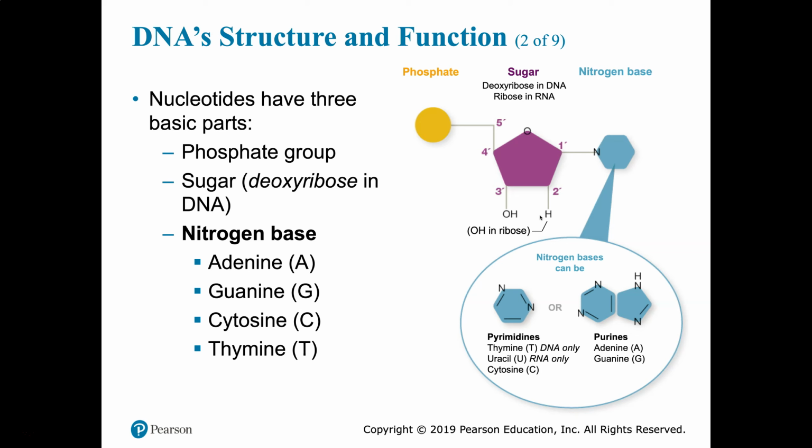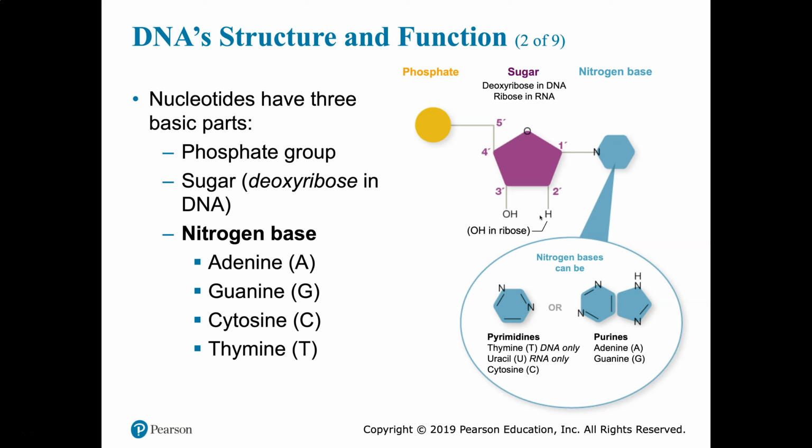However, in RNA, thymine is replaced by uracil. So if you're looking at DNA, you should be able to find adenine, thymine, cytosine, guanine. If you're looking at RNA, adenine, uracil, cytosine, and guanine.